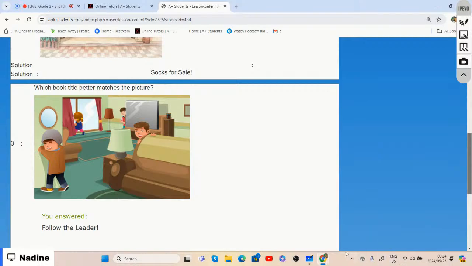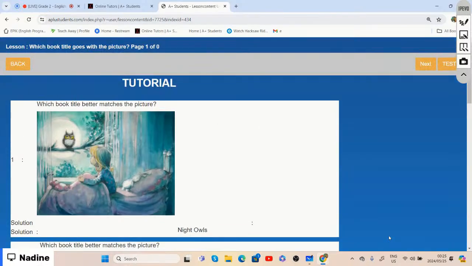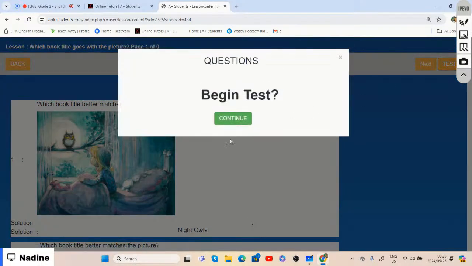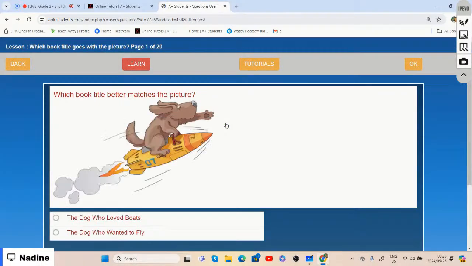It's like hide and seek, right? All right, so now let's go to our test. So now we're going to look at the book title, and we're going to say which book title better matches the picture.